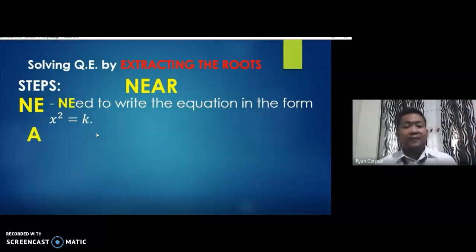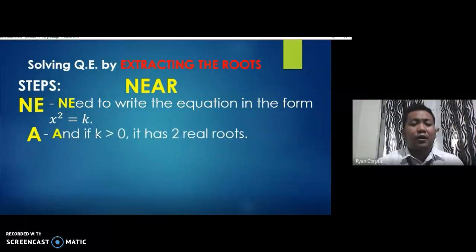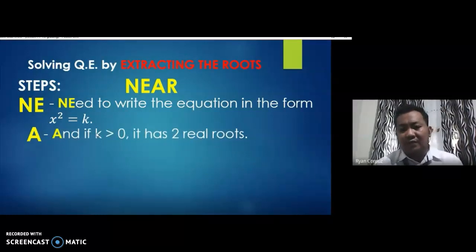Next, A. A stands for, if k is greater than 0, you can find out right away how many roots a given quadratic equation has.